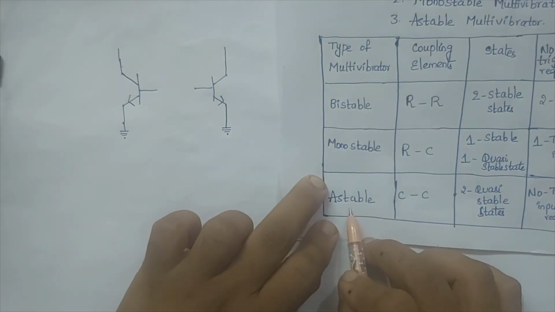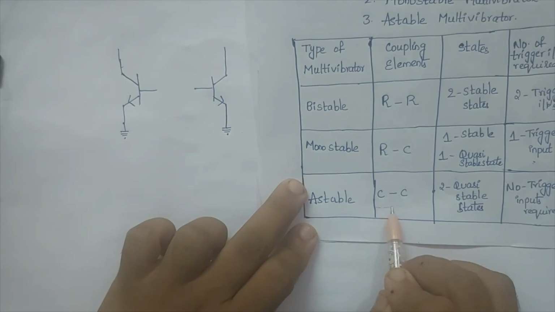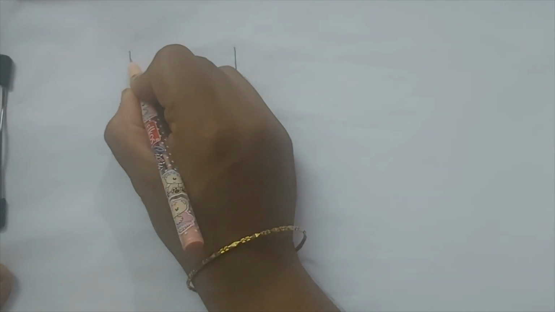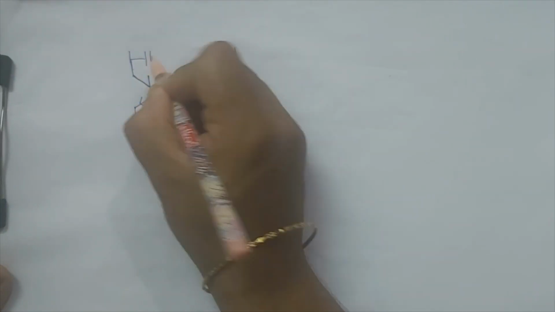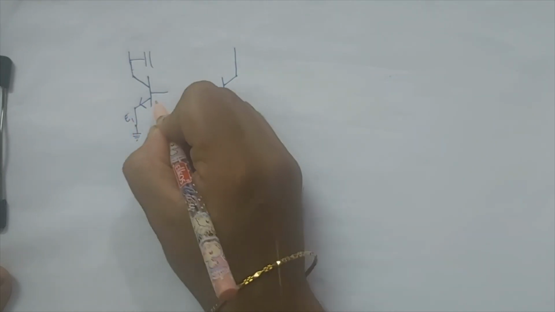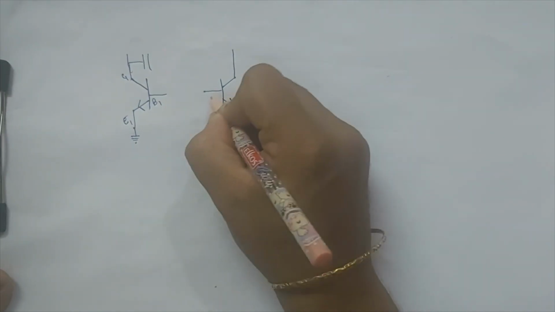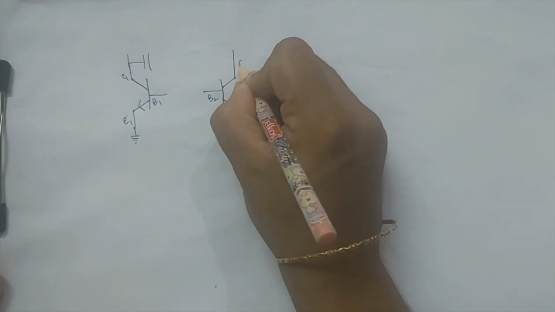First we have to draw the astable multivibrator. Keep the table in hand with you. The coupling elements should both be capacitors. Emitter 1, base 1, collector 1, emitter 2, base 2, collector 2.